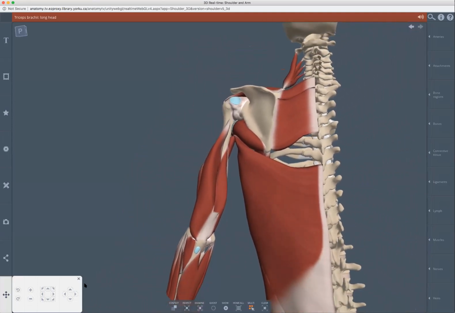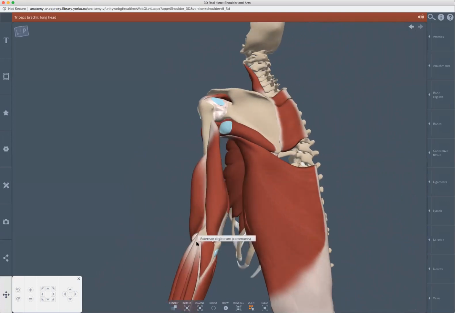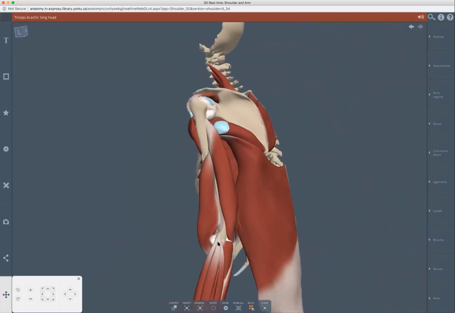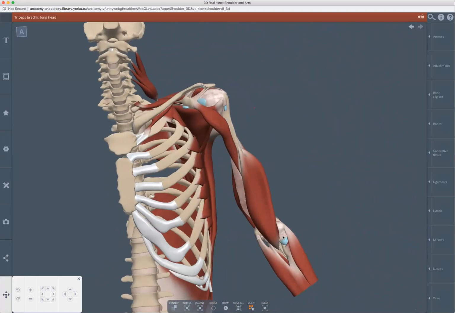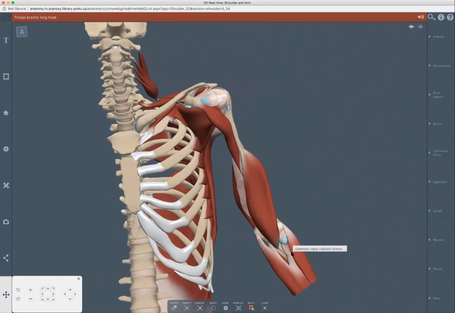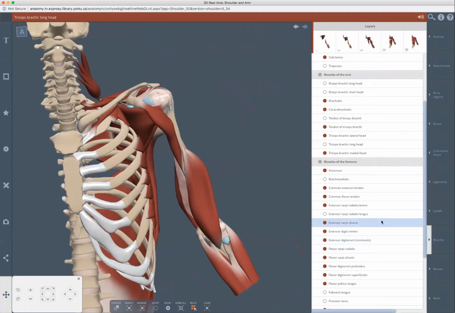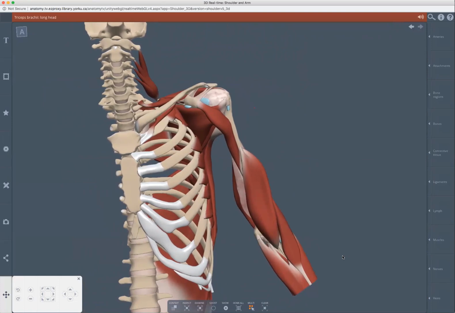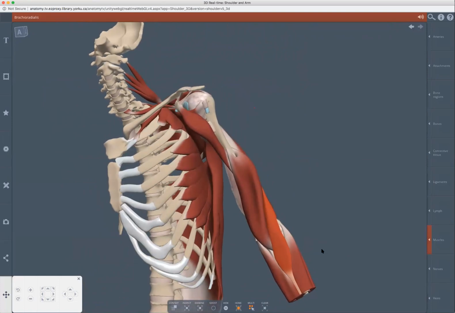Okay, so before we move into the forearm to show you the one last muscle, I'm going to show it here first. So if we go anterior again, oh, have I removed it? I did remove it, darn it. There we go. I want to show you brachioradialis here, and then we'll move into the forearm to see the rest of it, okay? So there's brachioradialis.